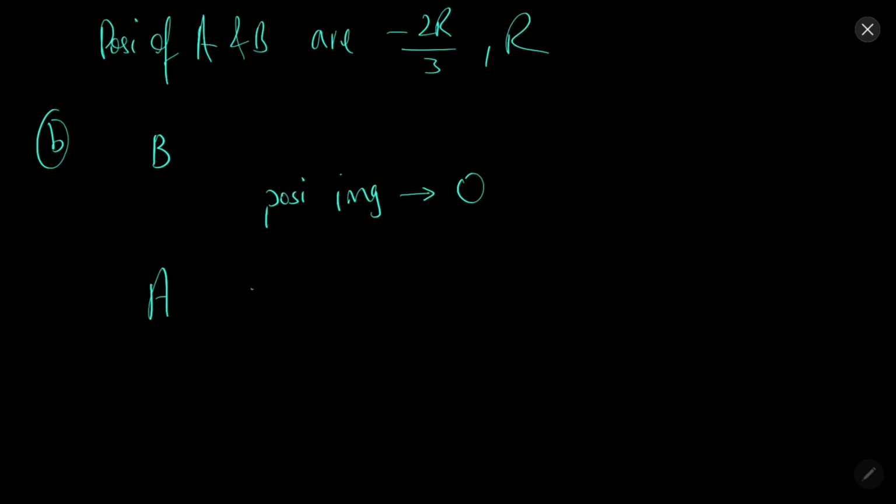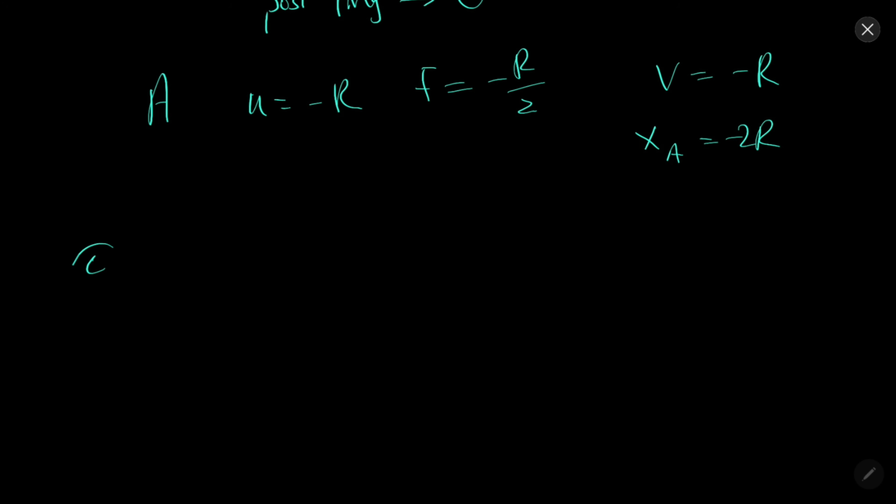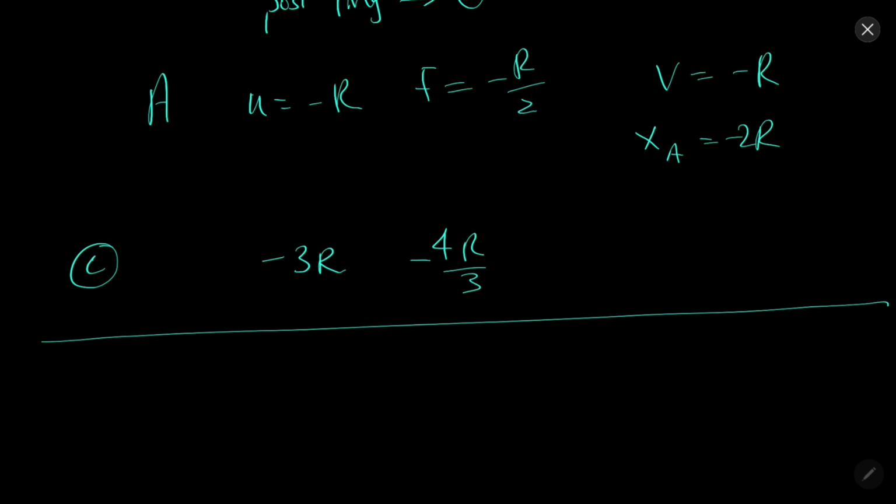And for A, u will be minus R, f minus R by 2, v will come minus R. So position will be minus 2R from origin. C case, in this scenario the positions will be minus 3R and minus 4R by 3.